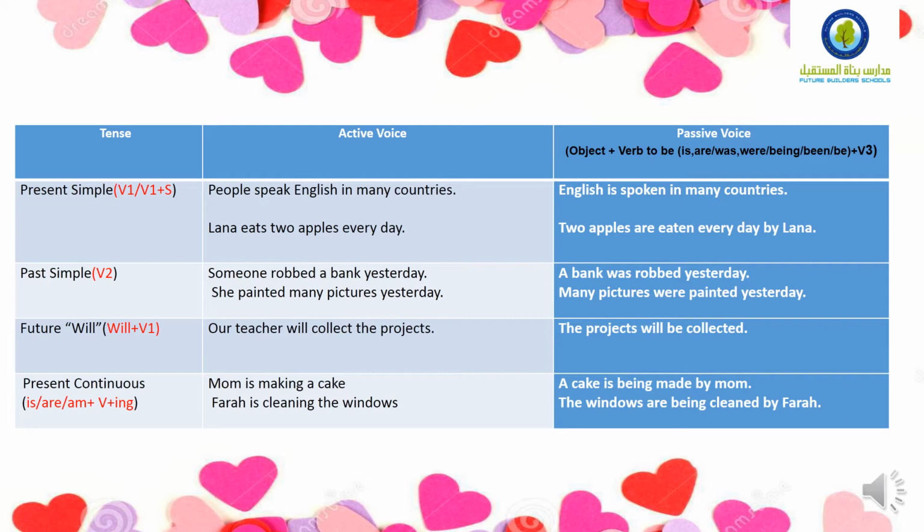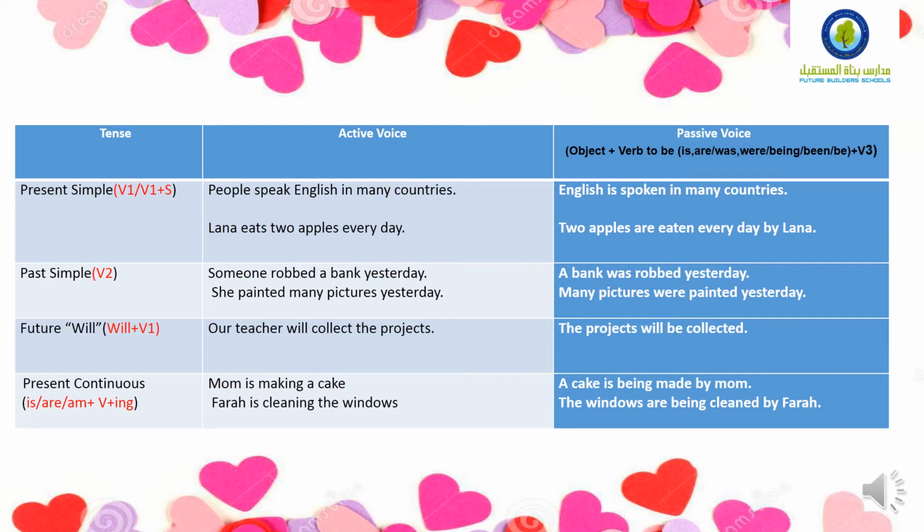English is singular, so we add is. Now verb 3 from speak, spoken, then you complete the sentence. بنحط الكومبلمنت بتصير English is spoken in many countries. English is spoken in many countries. Now we can add by, but if the subject is known. People is not known, because of that we don't say by people. مين هم من الناس مش معروفين.